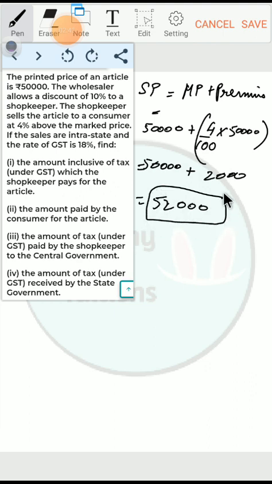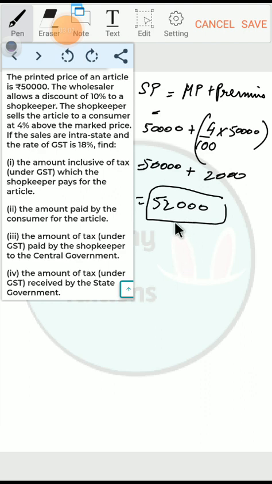52,000 rupees. So the amount of GST collected by the shopkeeper, or how much the consumer pays, that we need to find out now. That is the output CGST and SGST we need to find out. We know that the GST, CGST, SGST is 9%.